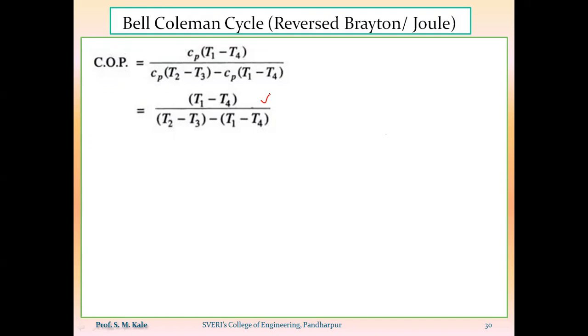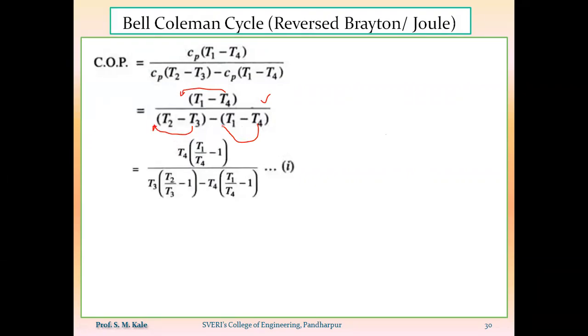So here, I'm going to do some mathematical modification on this equation. I'll take T4 as a common term from the numerator, and from the denominator, from the first bracket, I will take T3 as a common term, and from the second bracket, I will take T4 as a common term.